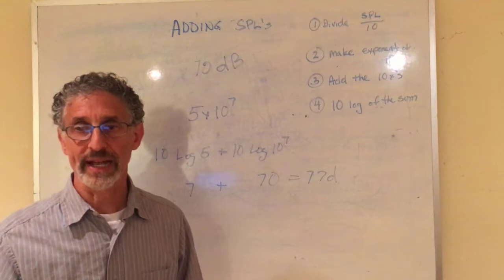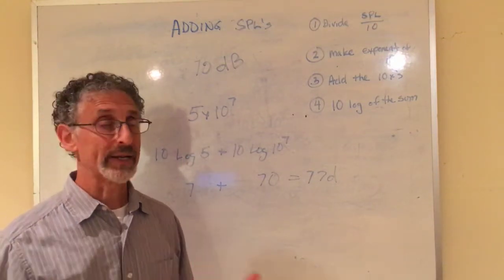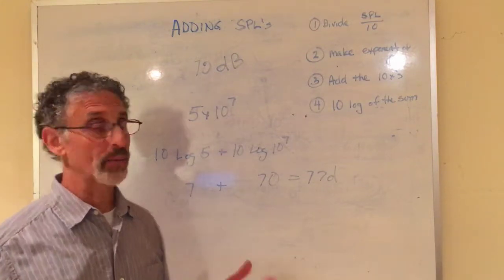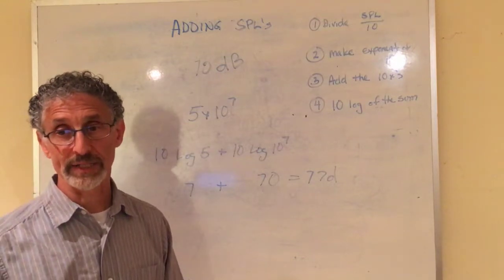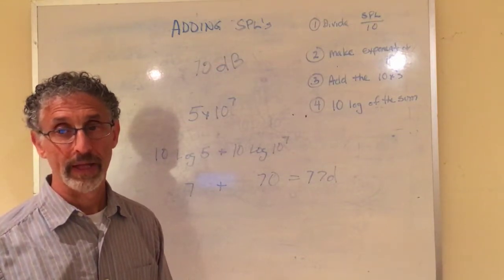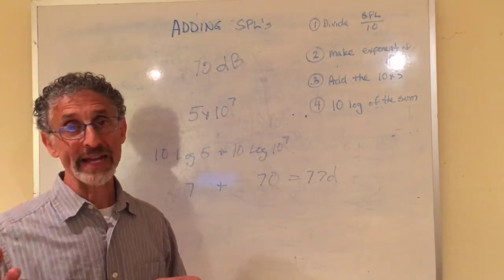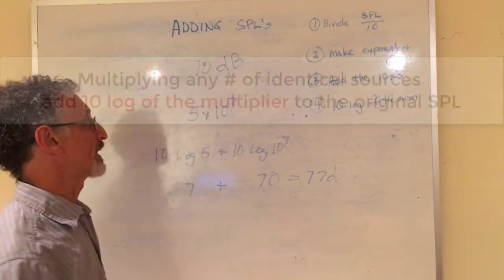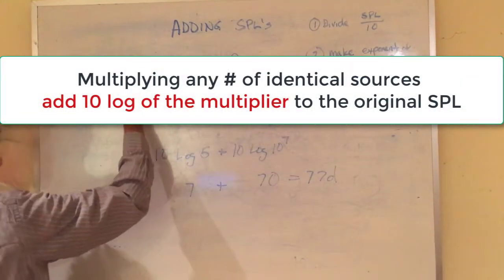If I was going to take 20 identical sources and add them together, I'll end up with 20 times 10 to the 7th. And so then I will have to add 10 log of 20 to the original SPL. So we can say that any time that you are adding identical sources together, you just need to add 10 log of the multiplier.